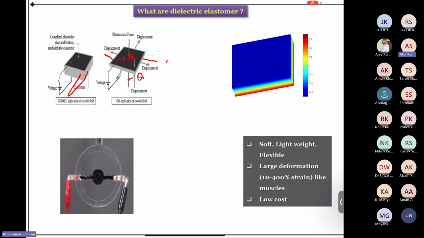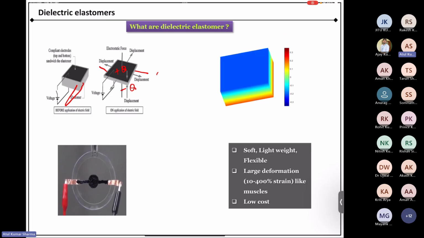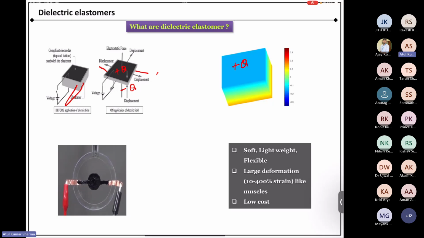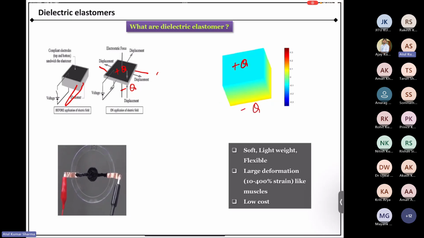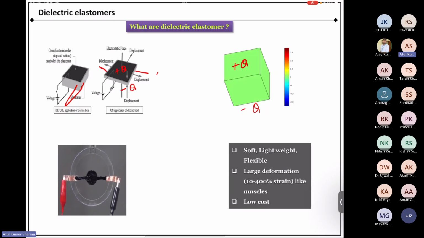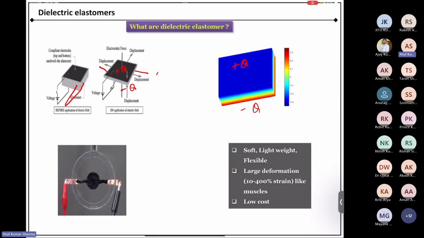You can see here a single element simulation, or finite element simulation, of a dielectric elastomer block. Initially we have a cubic block, and if we apply a potential difference, because of the positive and negative charge on the two surfaces, you can see the deformation: how this polymeric film will expand laterally and undergo contraction in the thickness direction, the direction in which we are applying the potential difference.